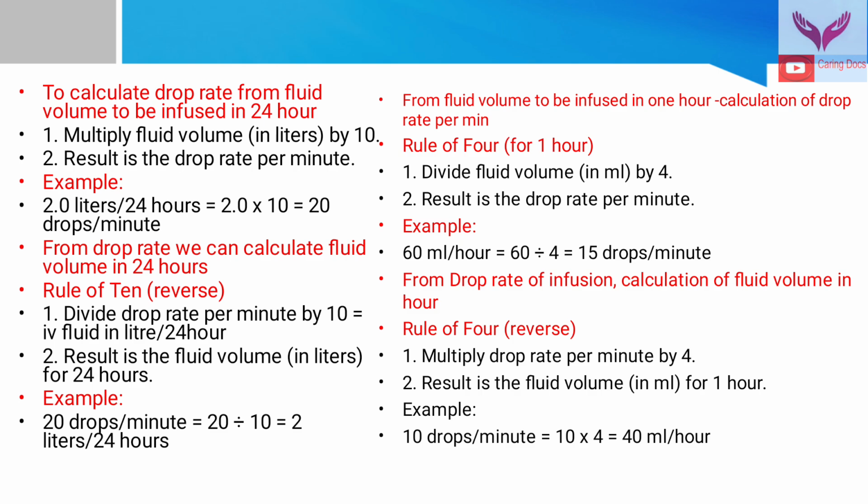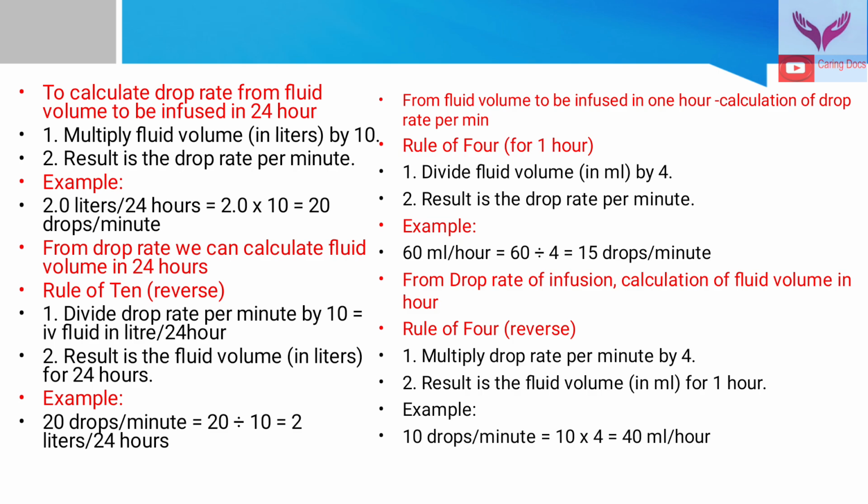For 1 hour we use the rule of 4. Here we divide the fluid volume in ml by 4. The result is the drop rate per minute. For example, if we have to infuse 60 ml in 1 hour, then we divide it by 4. We will get 15 drops per minute.